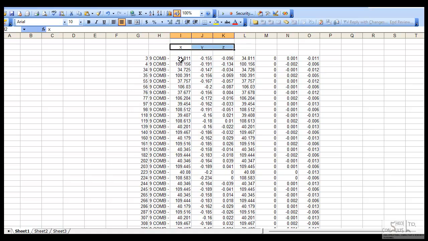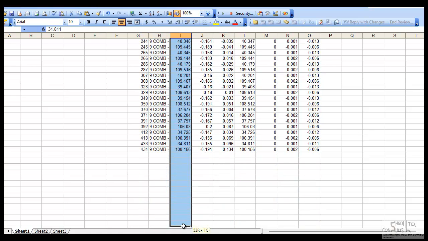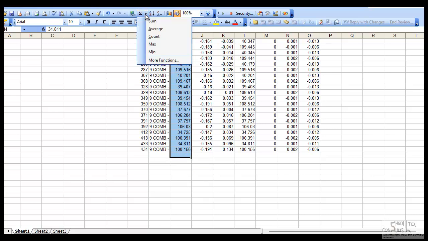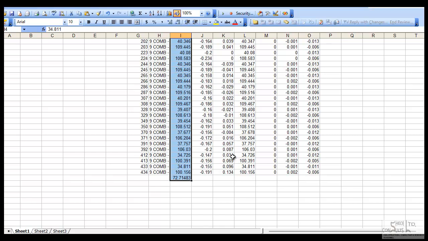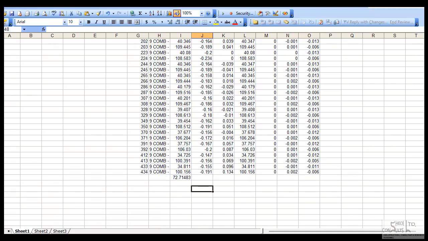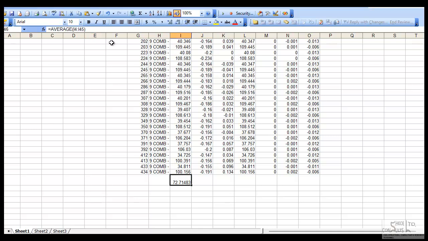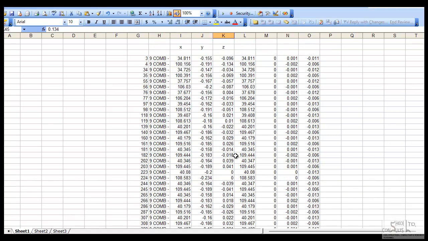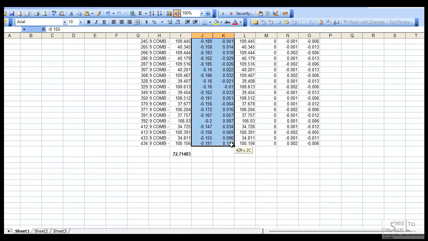Now, let me get the average of all the X deflection. Okay, so this is the average of all the X deflection. And then let's look at the average of all the Y and Z deflections.